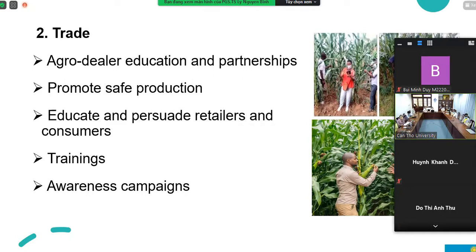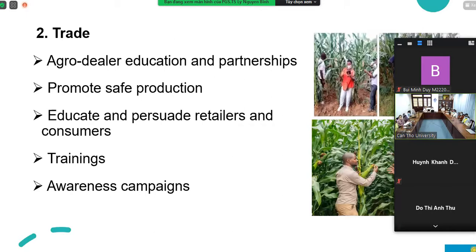They must not buy it from farmers. And then there is the promotion of safe production from farmers. There is education and persuasion of retailers and consumers. And there are trainings, and we have to conduct awareness campaigns for the population.